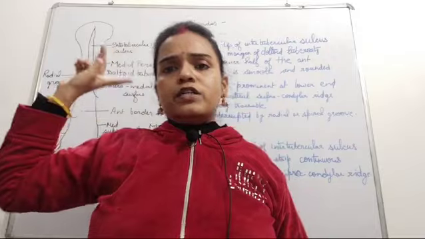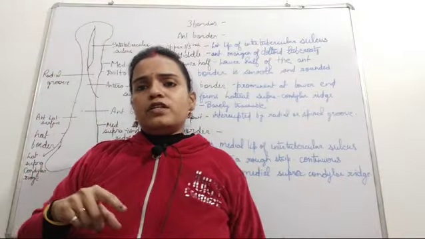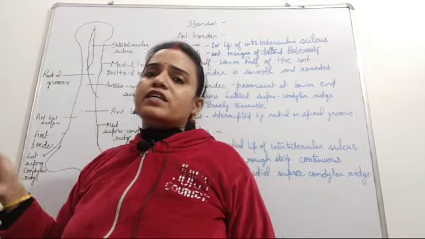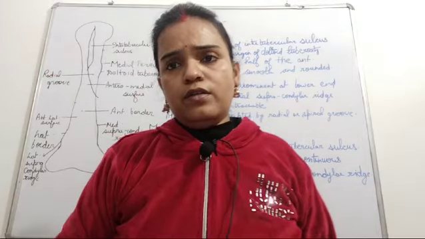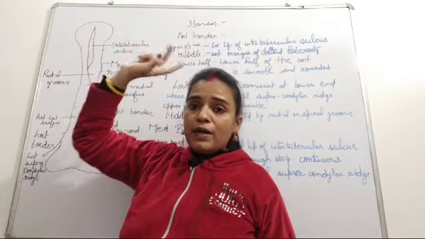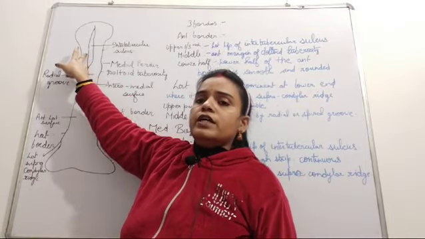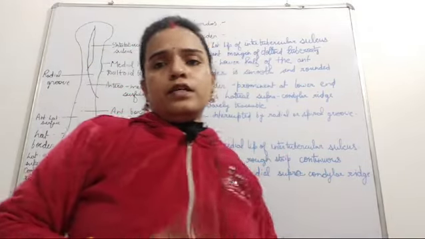This is the intertubercle sulcus. I have already drawn it here. It lies between and separates the greater tubercle and lesser tubercle. So the upper end of the anterior border forms the lateral lip of the intertubercle sulcus.